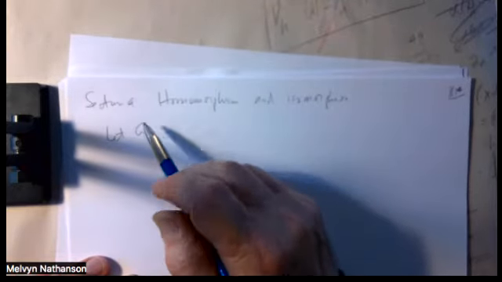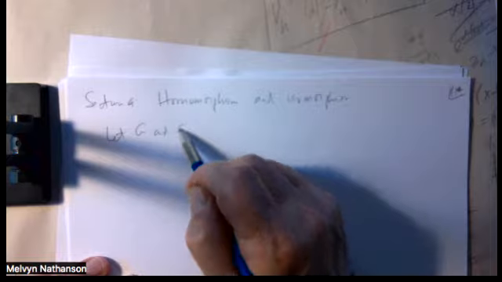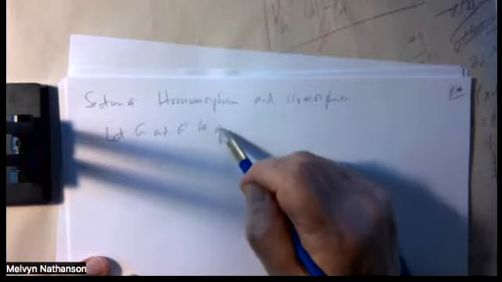So a homomorphism is the following: let G and G prime be groups.